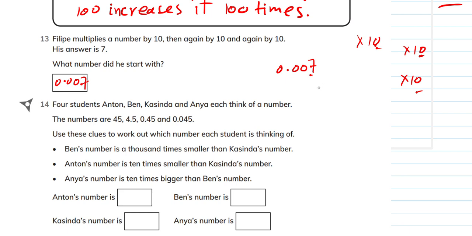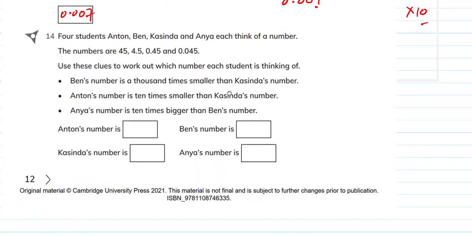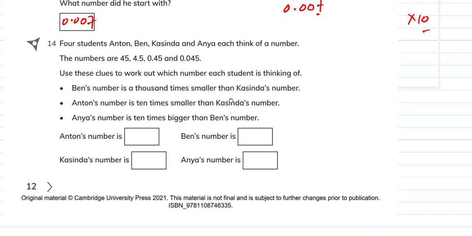If we want the original number, we have to come back 3 digits to the left. The answer was 7, so 3 digits to the left will be 0.007. Clear? Very clear. Okay, thank you.